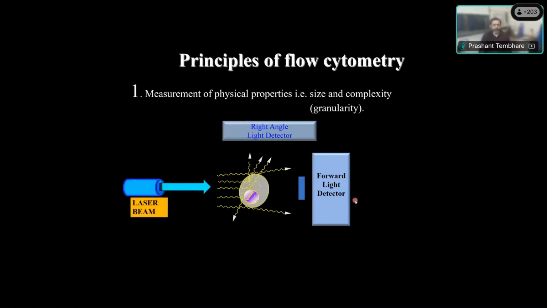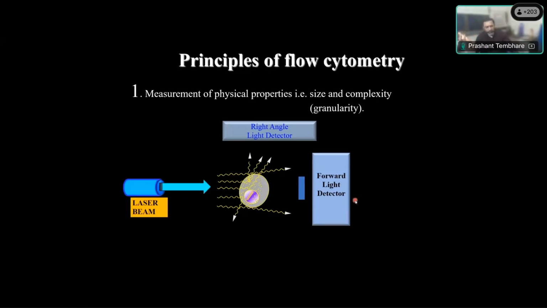One principle is the measurement of physical properties of a cell. What are the physical properties of a cell which we want to monitor? Can anybody answer? Which physical properties do we usually look at when we look at the cell? Anyone?